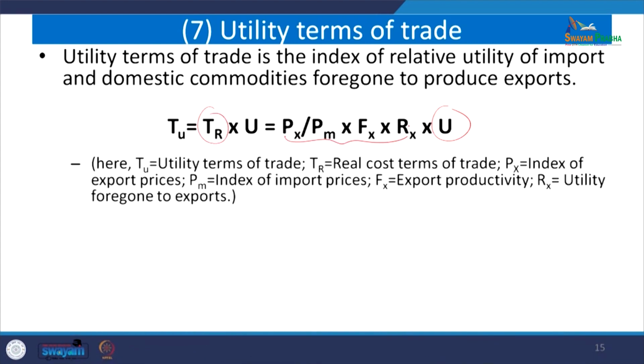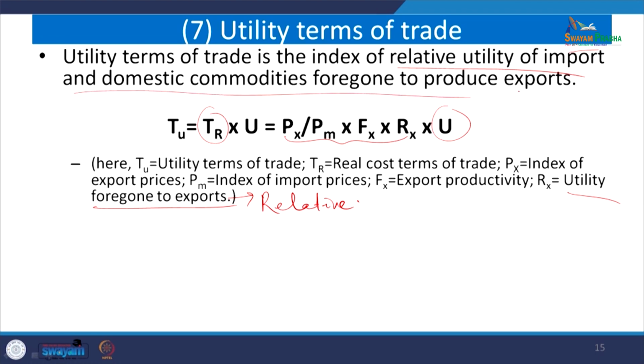What do we mean by utility here? Utility is the utility forgone in exports, and the total utility. Now, utility terms of trade is the index of relative utility. Basically this is not just utility, it is relative utility of import as well as export products, import and domestic commodities forgone to export the product.